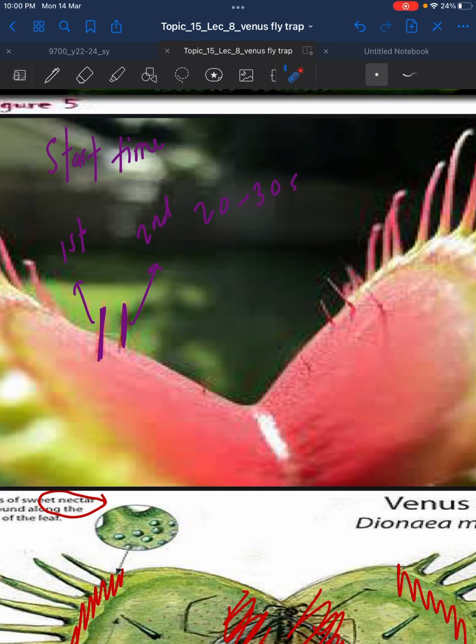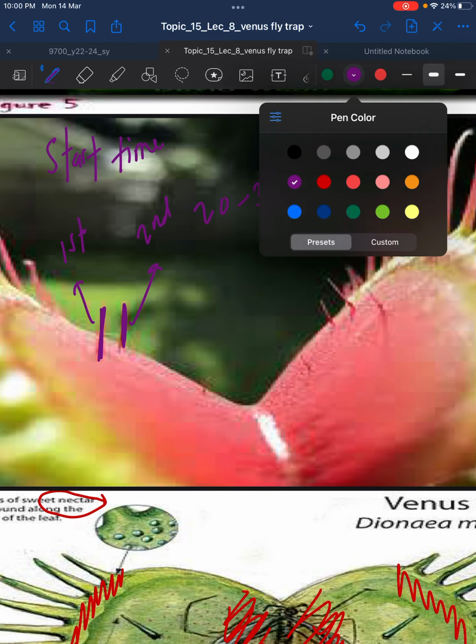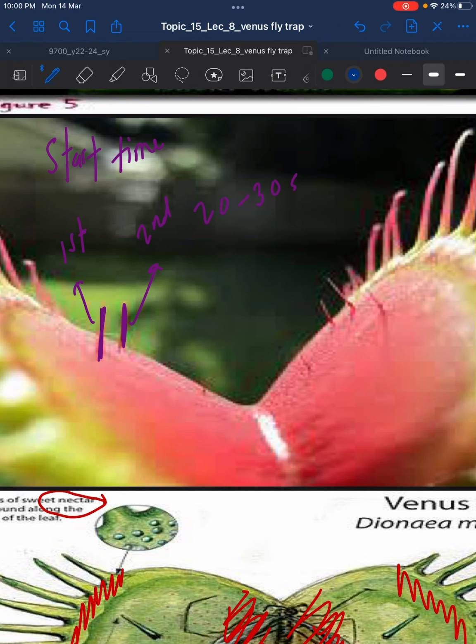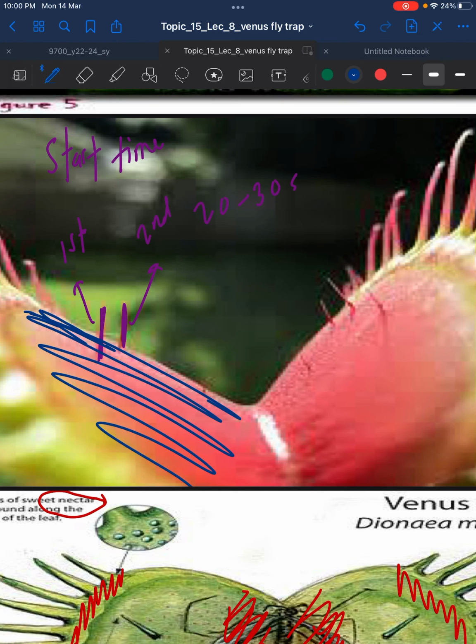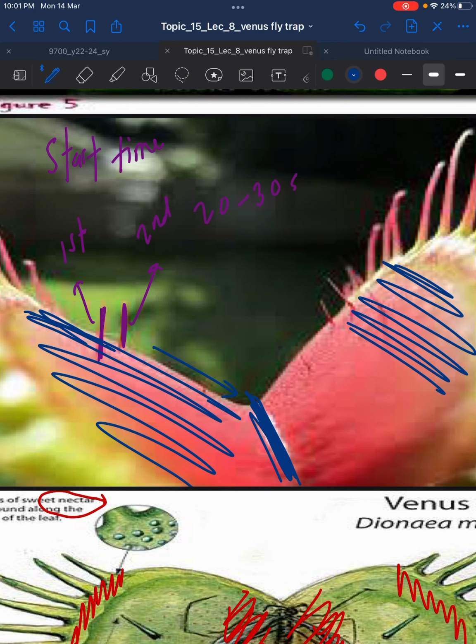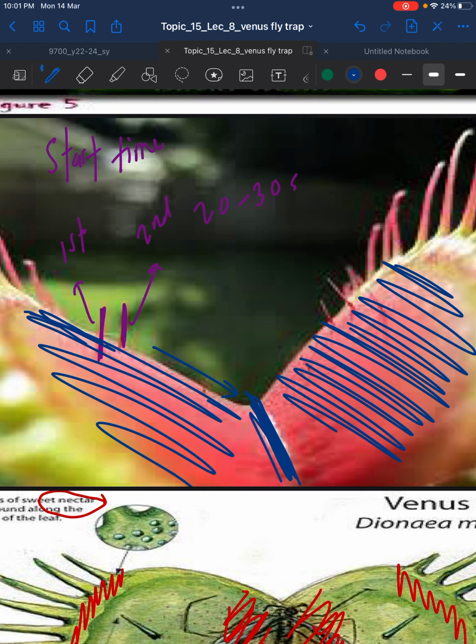The action potential will cover the whole lobe and then go down to this hinge. The same here: its potential will travel across the lobe, and then reach the hinge.